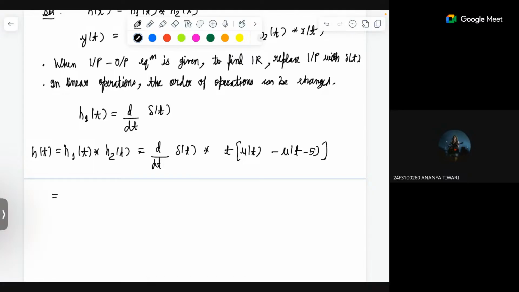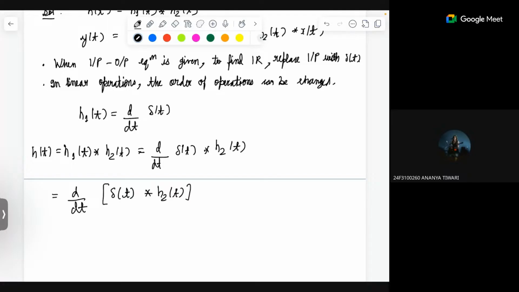Now differentiation is a linear operation, and convolution is also linear, so I can take it inside. Let me just write it and show it to you. It will become d/dt delta(t) convolved with h2(t). So differentiation I will do later. I will do convolution first.